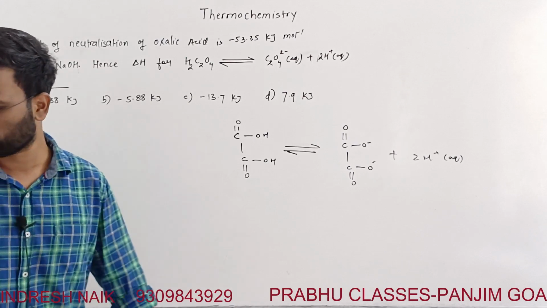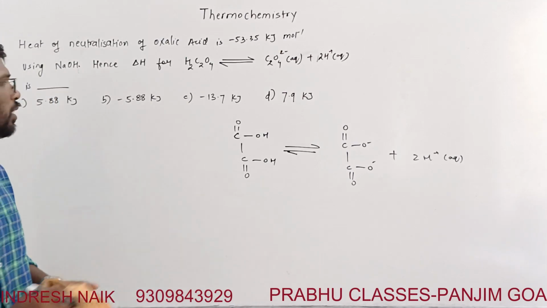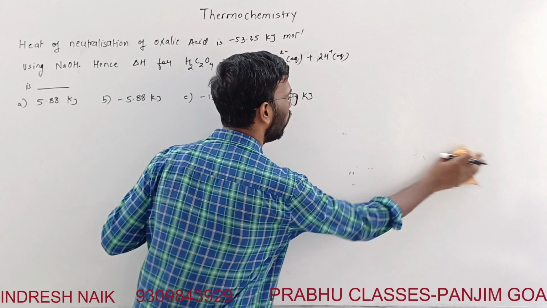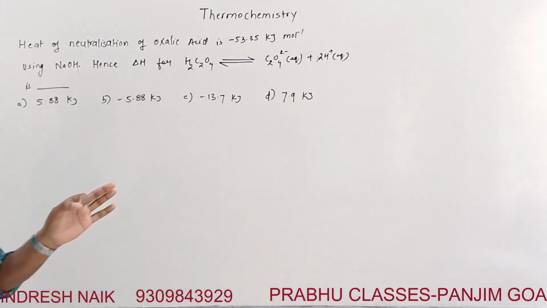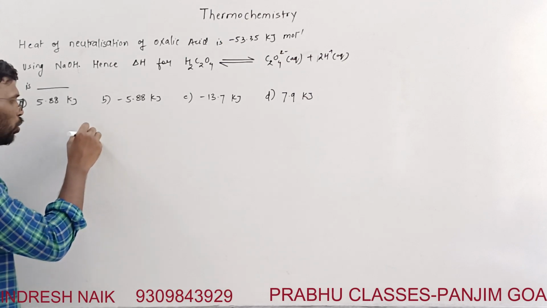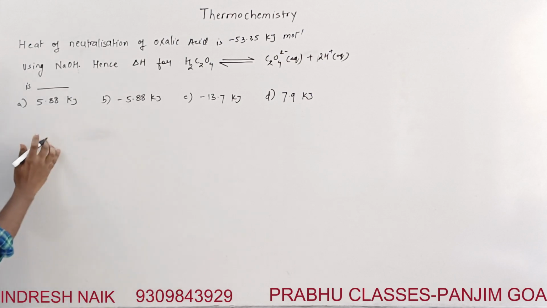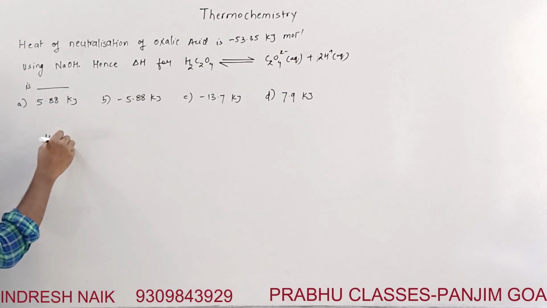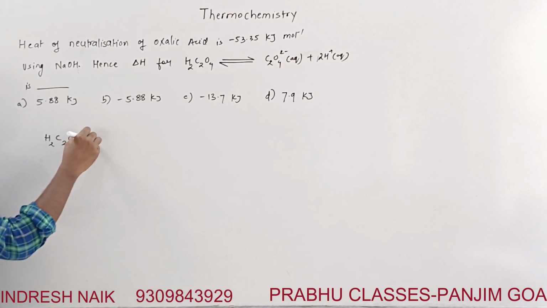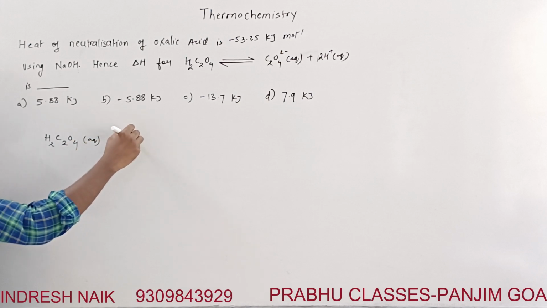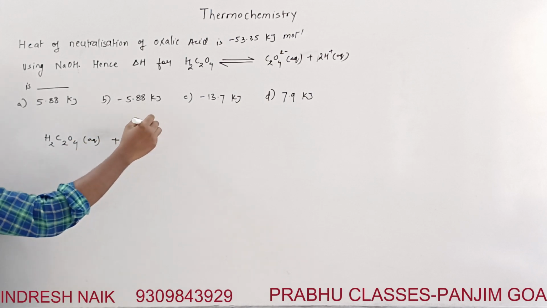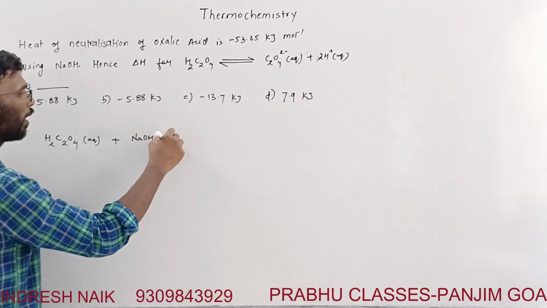I'll write one small setup for this. Using Hess's law, first we will write what is given. We'll start from here: H2C2O4, aqueous, plus NaOH, also aqueous.